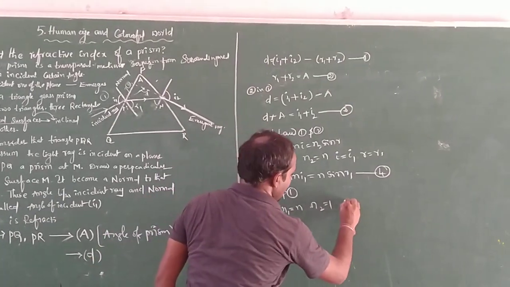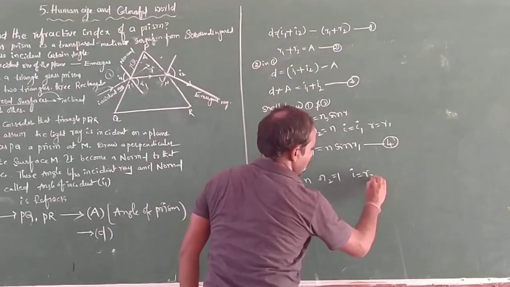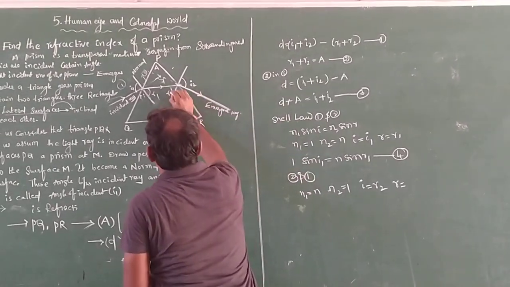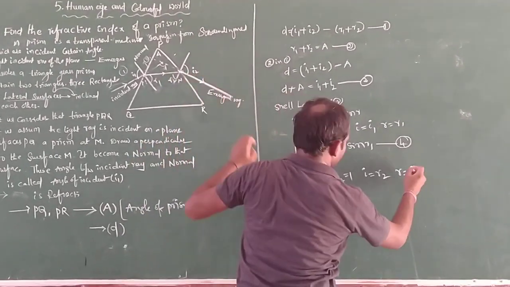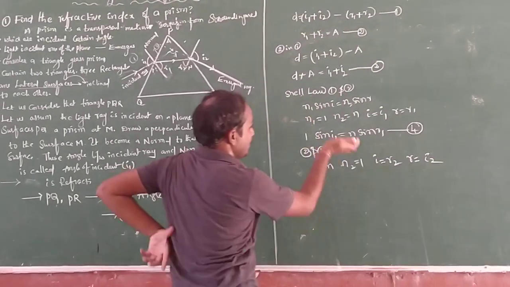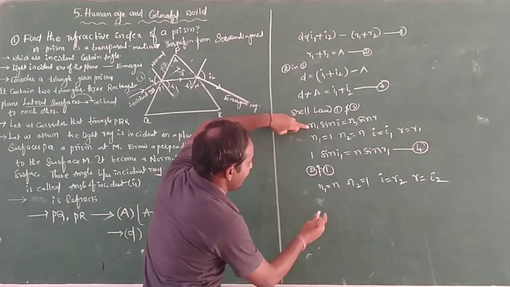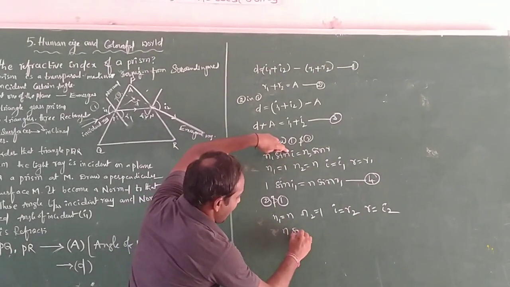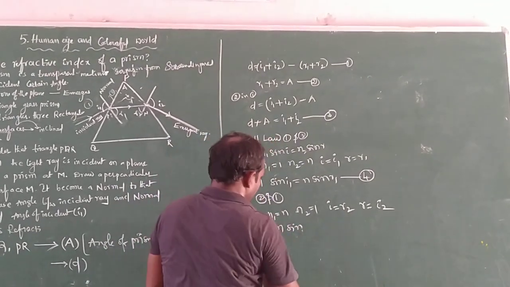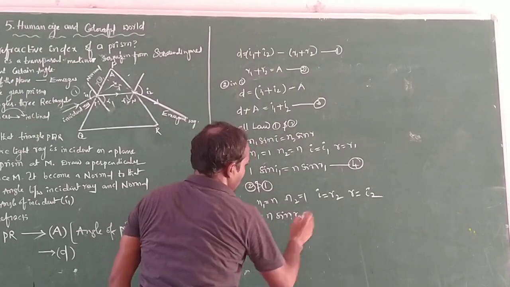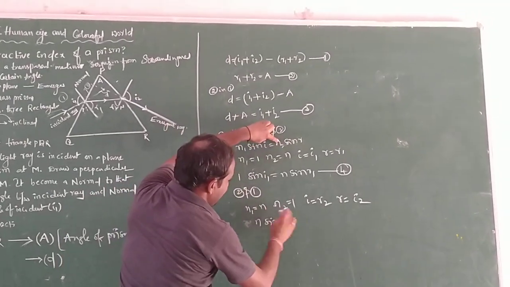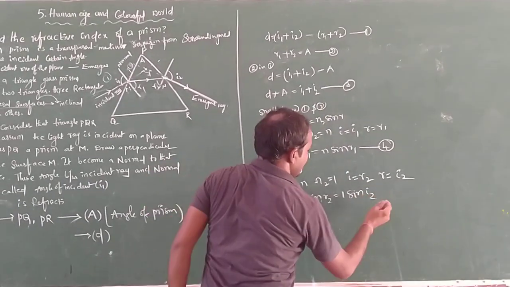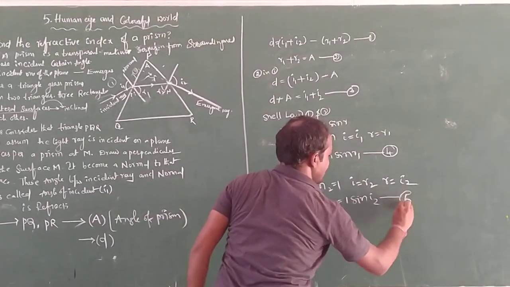And i is equal to r2, r is equal to i2. Substituting in Snell's law, n sin r2 is equal to 1 into sin i2. This is equation 5.